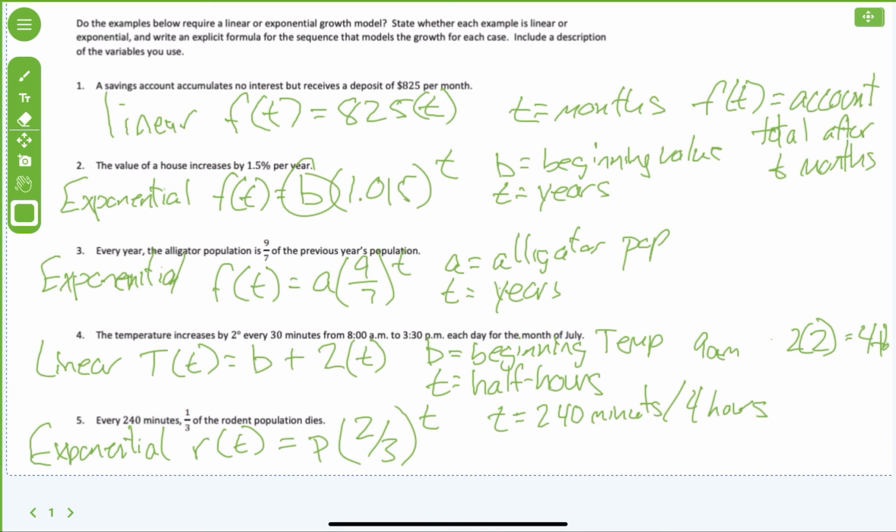So if it's 8 hours, then T would be 2. 12 hours would be 3. Okay. Everybody got that?